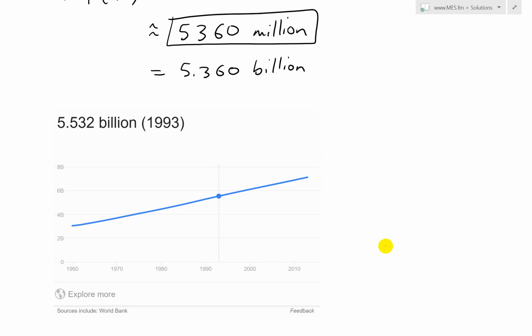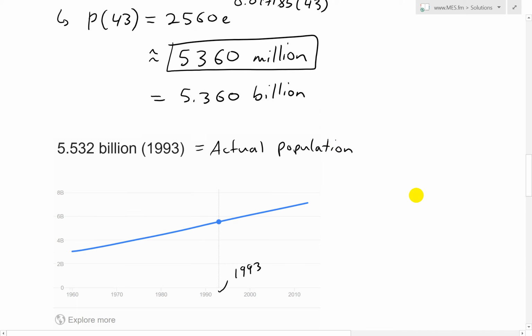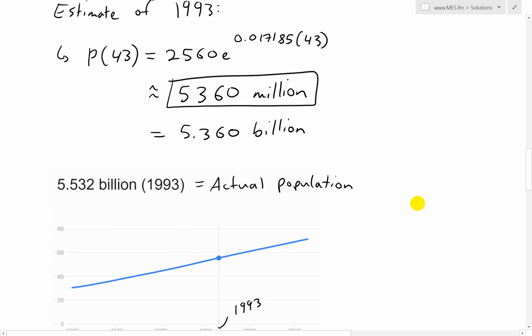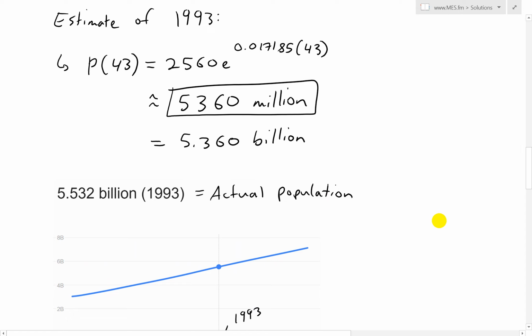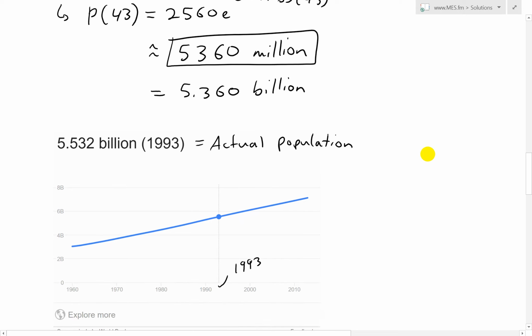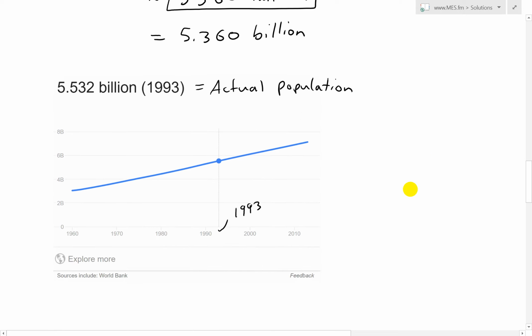I've copied and pasted that table up to 1993 right here. This is our actual population versus the estimate right here. As you can see, it's fairly close. It's off by just under 200 million, which sounds like a lot, but compared to billions, it's not that much. So it's fairly accurate, I would say.